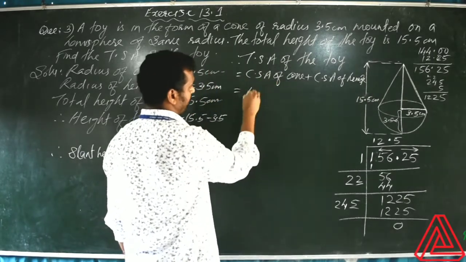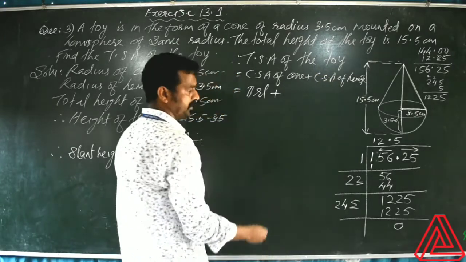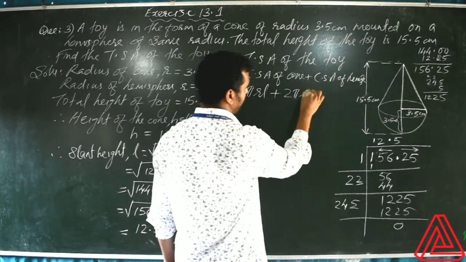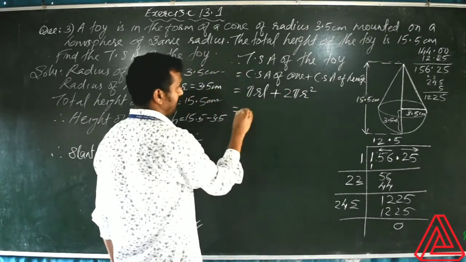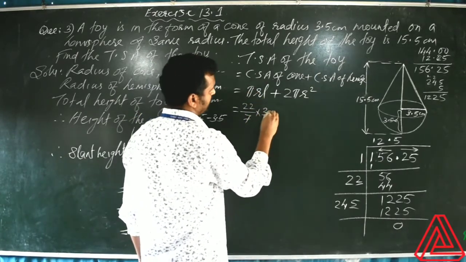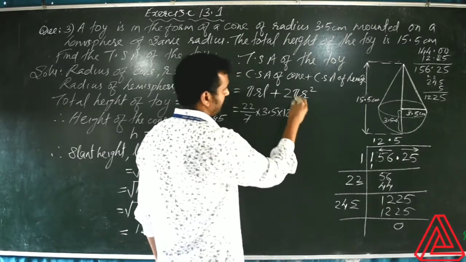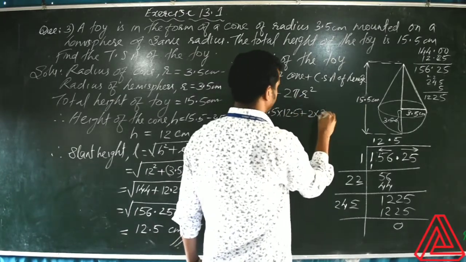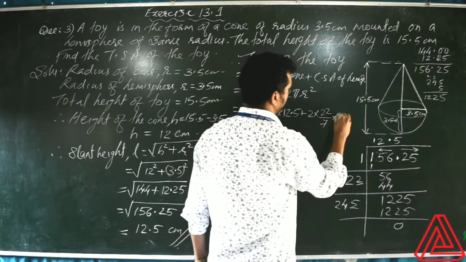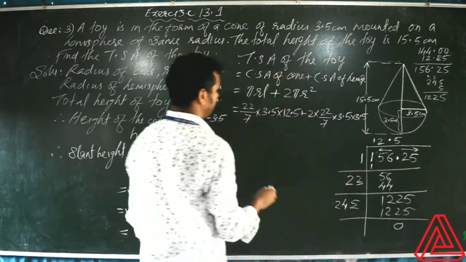Curved surface area of cone is pi r L, plus curved surface area of hemisphere, 2 pi r square. That is equal to 22 divided by 7 into radius 3.5 into slant height 12.5, plus 2 into 22 by 7 into r square, 3.5 into 3.5.